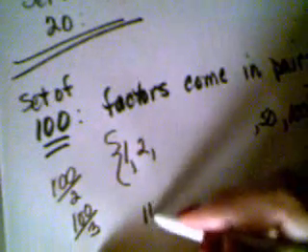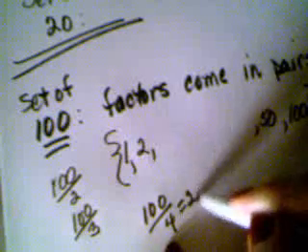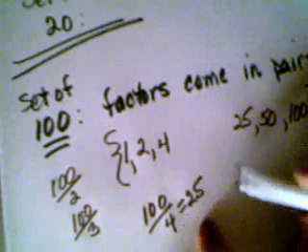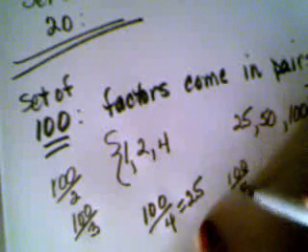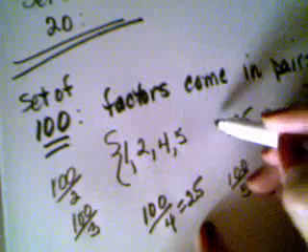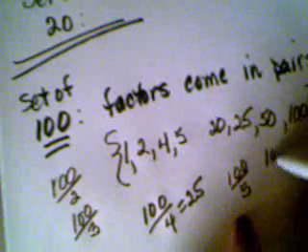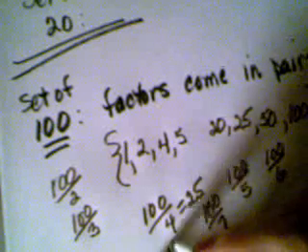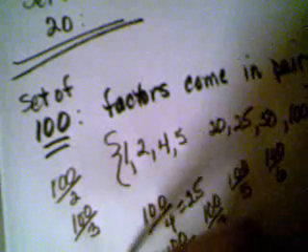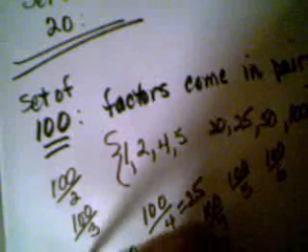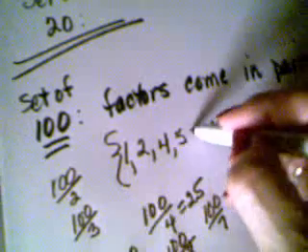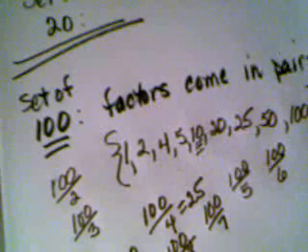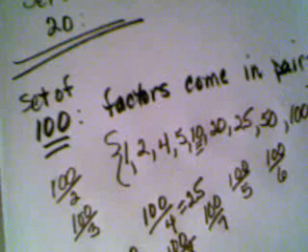Then I try to see if 100 can be divided by 4, and it can. And then I try to see if 100 can be divided by 5, which it can. And then 6, then 7, then 8, then 9, and last 10. And 10 times 10 is 100, but do not duplicate the 10. You only write the 10 one time.